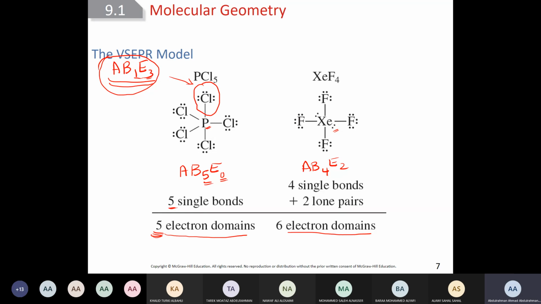What's the total number of electron domains around A? 6. Is this clear? So what are this 5 and 6? Total electron domain.